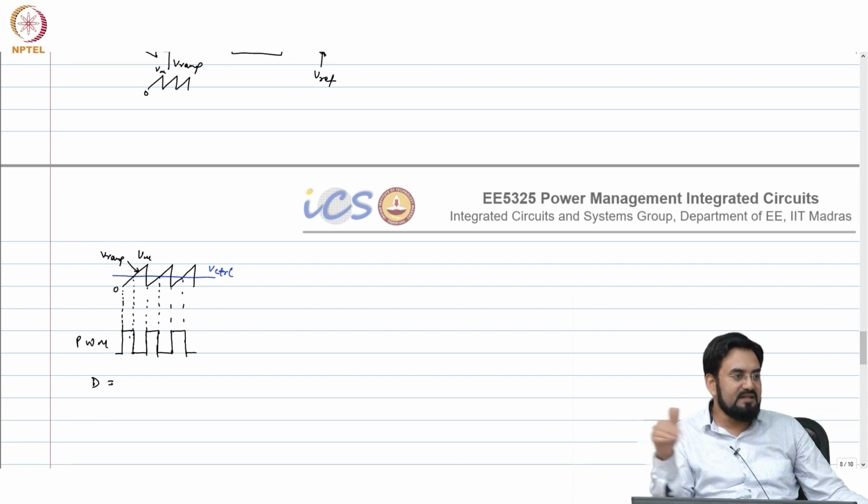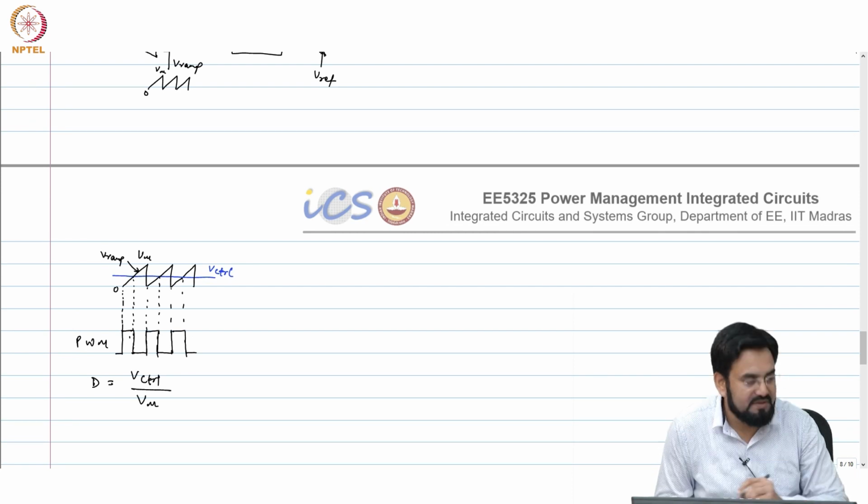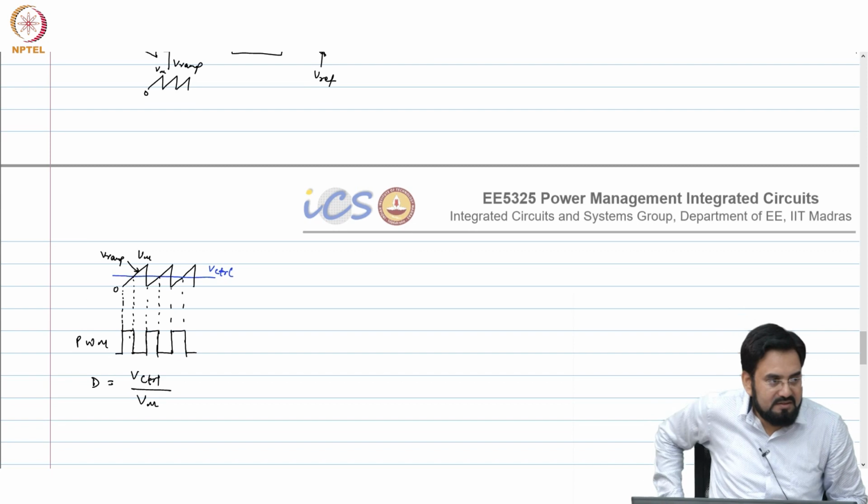So it's just a linear function of your V control. So D is nothing but VCTRL over VM. Correct. So that linear function will have this slope, and the slope is nothing but your gain.